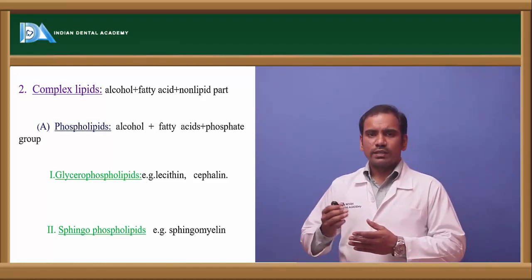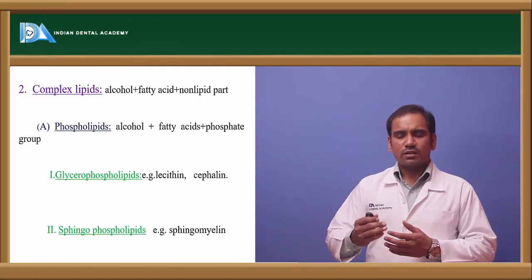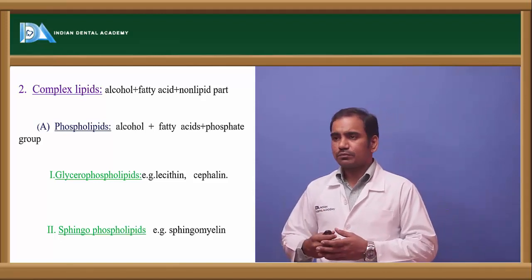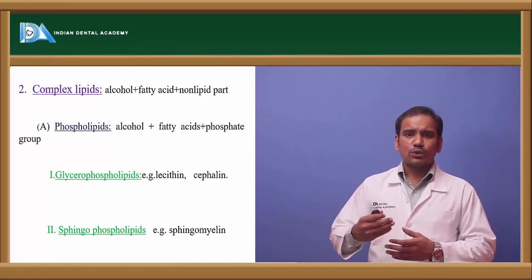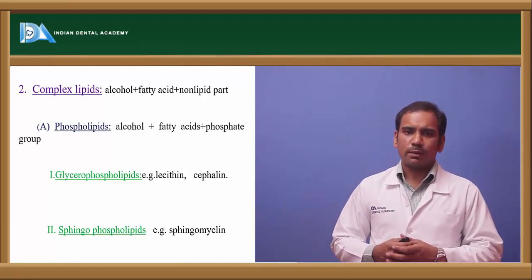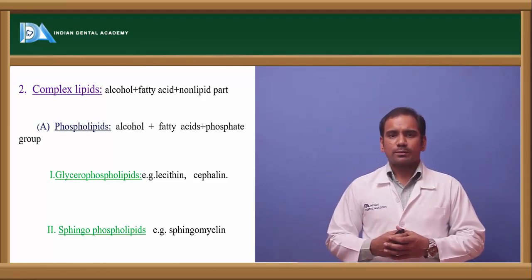So that's why these lipids are called compound or complex lipids. Based on the type of that non-lipid part, we have subclassified these compound lipids into phospholipids, glycolipids, sulfolipids and lipoproteins. So these are the different types of compound lipids.